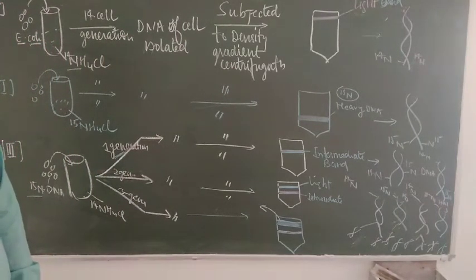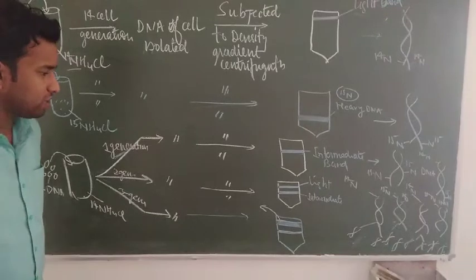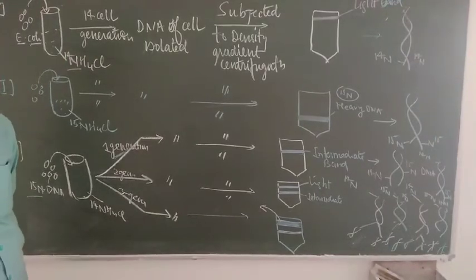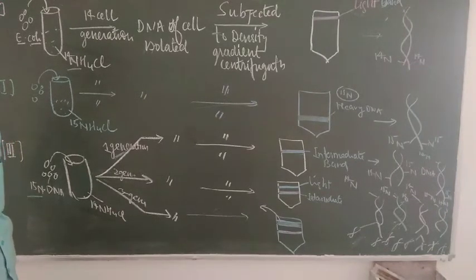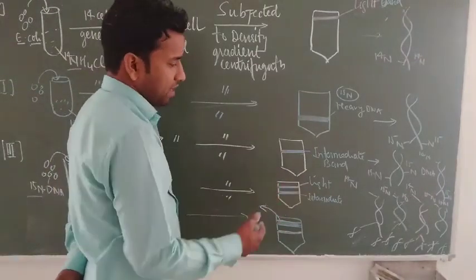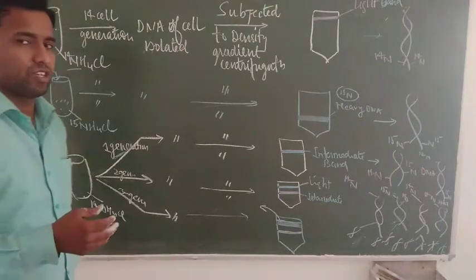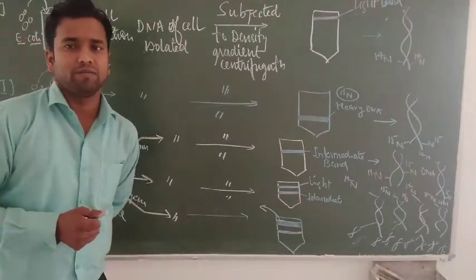So the conclusion of this experiment was the presence of intermediate band as a unit, but the repeated increase of light band indicates that one conserved copy is constant, but the number of light bands increases rapidly. That's why we can say that the mode of replication is semi-conservative.